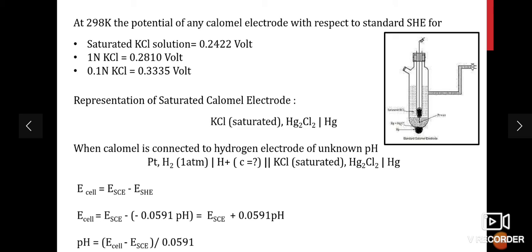Then the saturated calomel electrode is 0.2422 volt. We can write the potential of the hydrogen electrode like minus 0.0591 pH. Apply the Nernst equation, then you will get pH equal to E cell minus E of the saturated calomel electrode, divided by 0.0591.